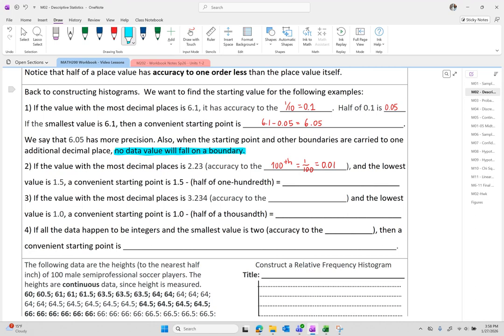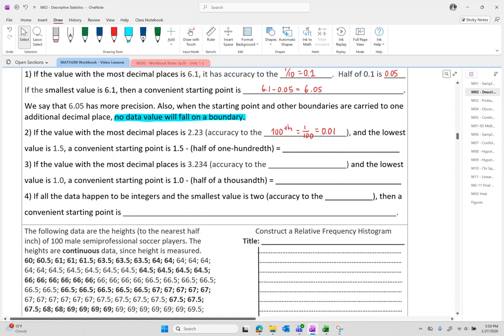If the value with the most decimal places is 2.23, it has accuracy to the nearest hundredth. Half of 100 is 0.005. Remember that for the hundredth, I'm going to go one more decimal place to the right, which has higher accuracy, since it has a smaller place value.